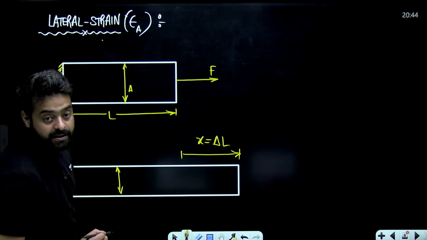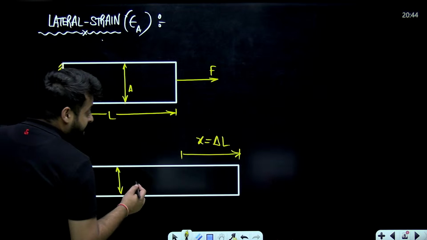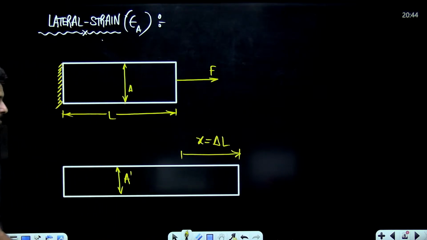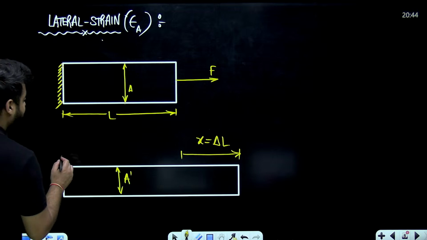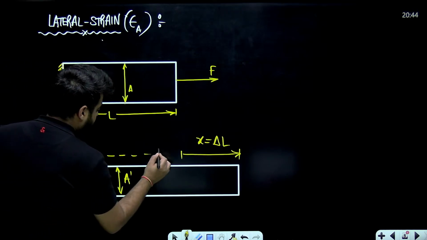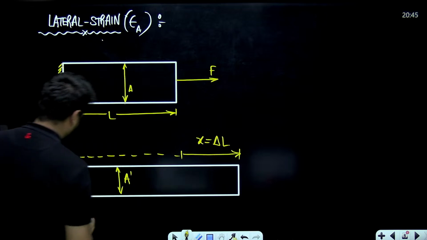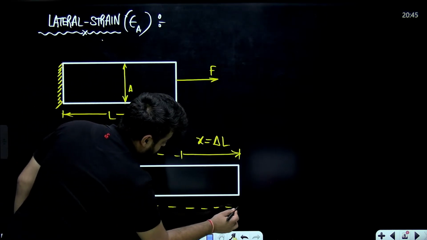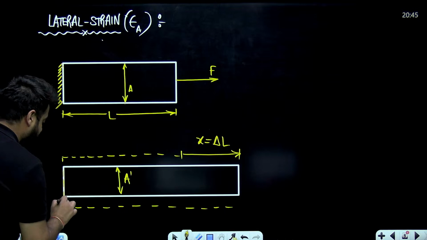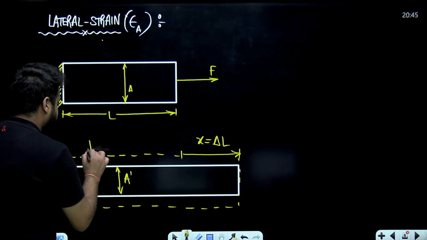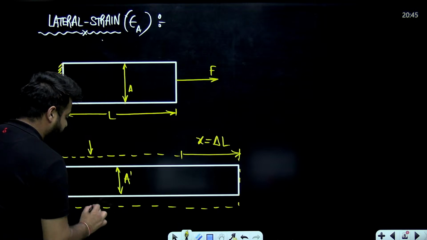Yes. The area is not going to remain the same. Let's suppose A dash is there. So can I say the original area was this much with the dotted line? This was the original area. Can I say the area has actually decreased? Yes.